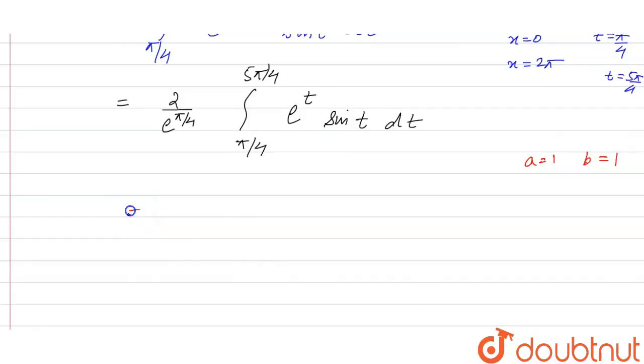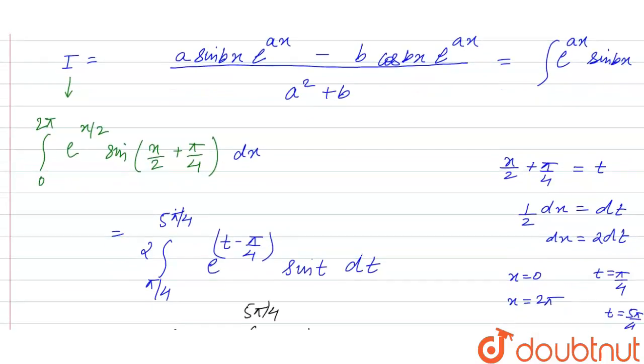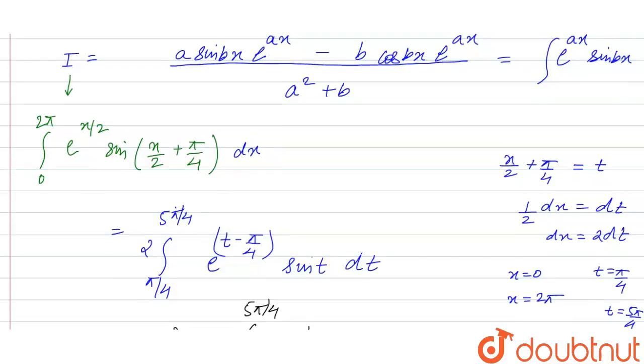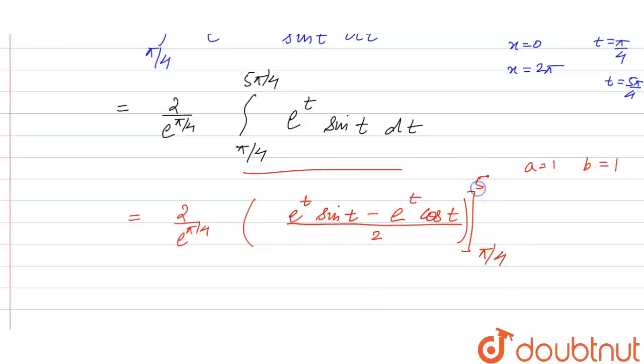So this whole value is equal to 2 upon e raised to power pi by 4 as it is, and we have this value as sine of x into e raised to power x, so we have e raised to power t sine t minus e raised to power t cos t, and in the denominator a square plus b square is 1 square plus 1 square, which is 2 here, and we have the limits from pi by 4 to 5 pi by 4.